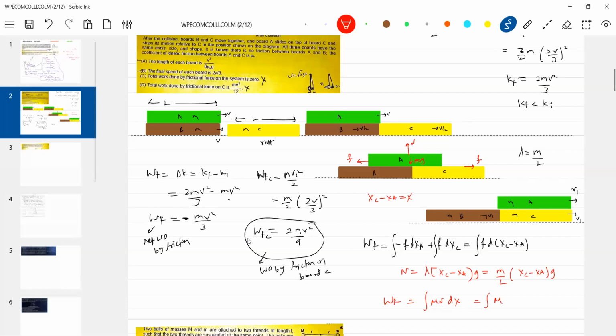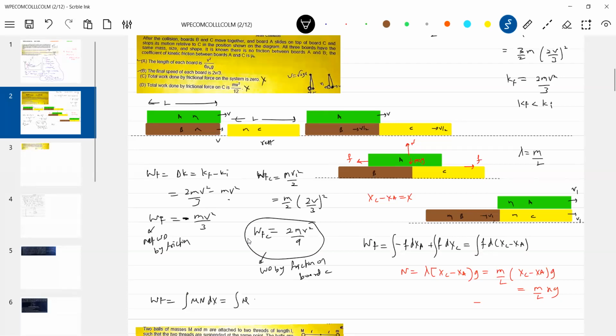Substituting N, this will be the integral of mu into M by L g x into dx.